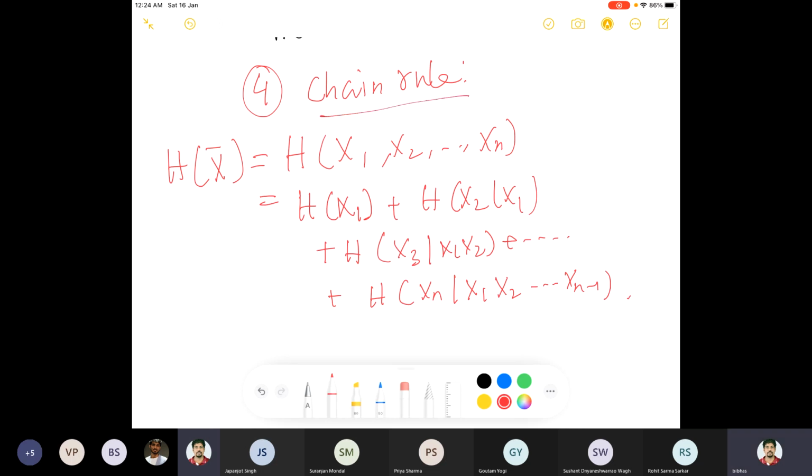Then the question is, if you have cascaded channels, can you try to see what is the meaning of this? Maybe you have 3 channels.